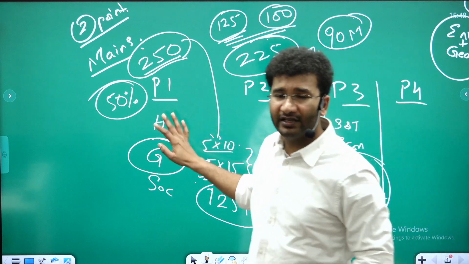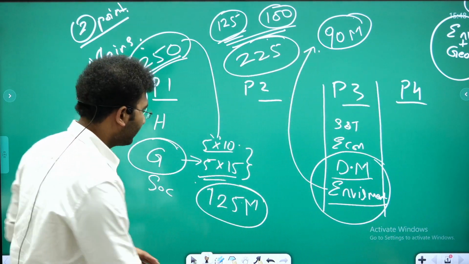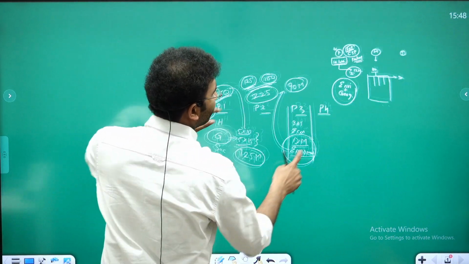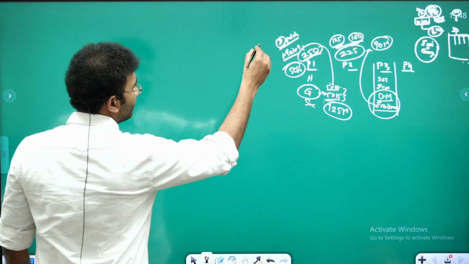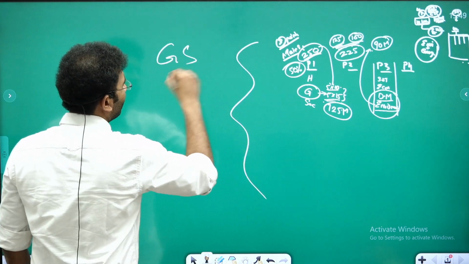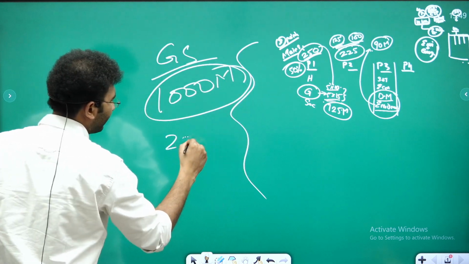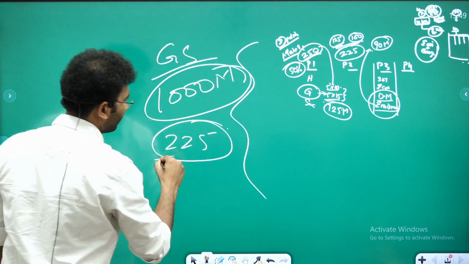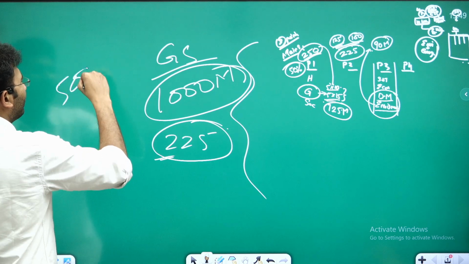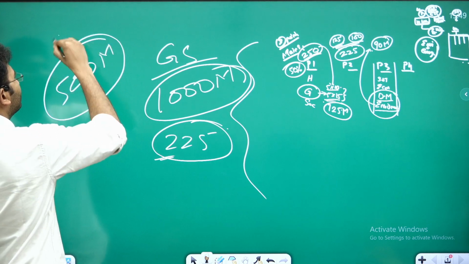Now, how many marks does the entire general studies have? Your GS has 1000 marks. Out of this, you will have an added advantage of 225, and you will also be preparing for 500 marks of geography optional.